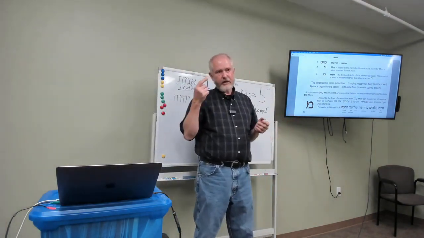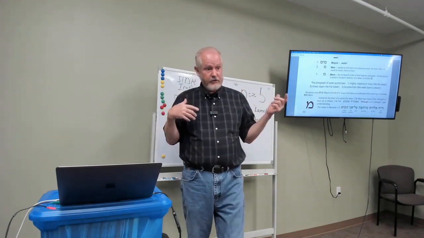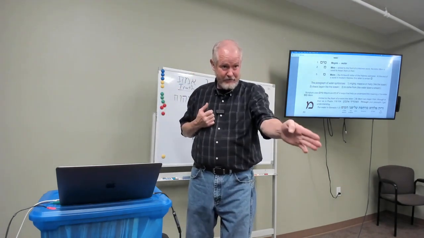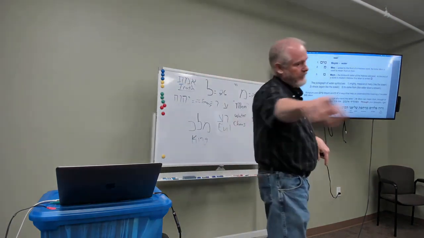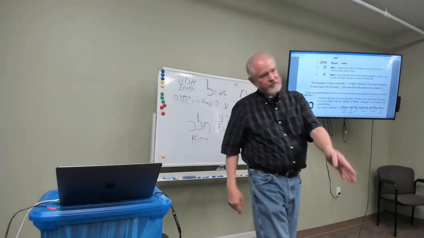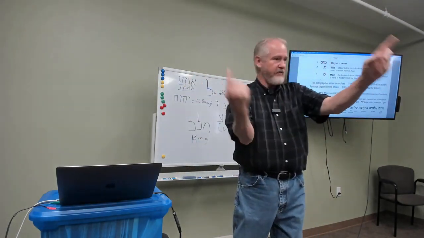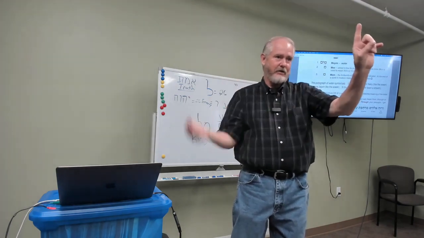But people got to understand, it's just like we learned with the Shamash. The center candle is the Shamash. The sun is the Shamash. Why? Because everything rotates around it. Yeshua is the center candle on the menorah. You can spin a menorah and everything rotates around that center candle. It's the same with the sun.